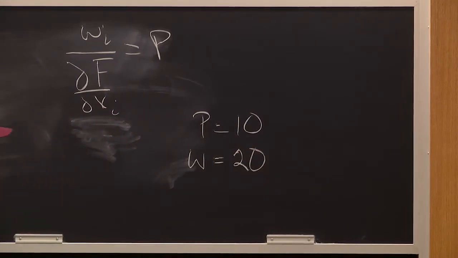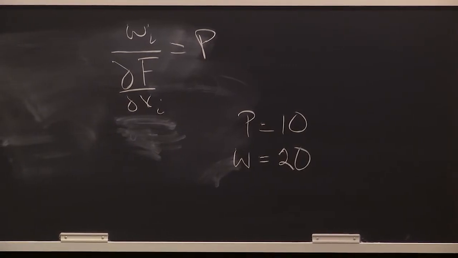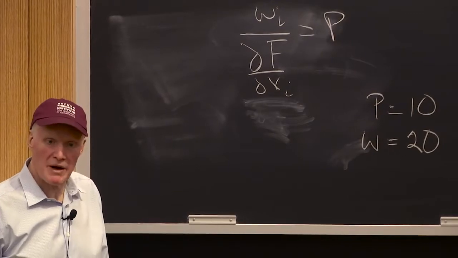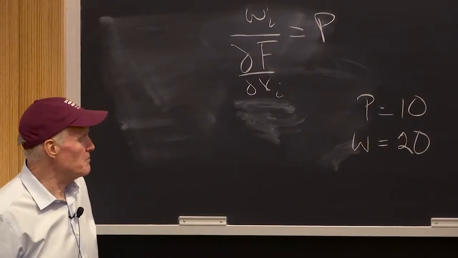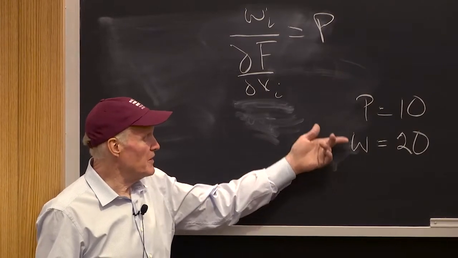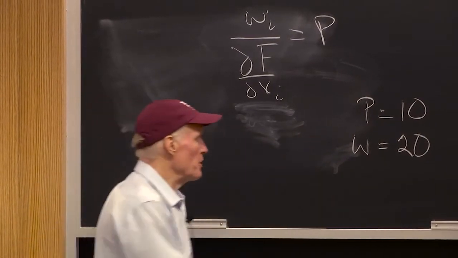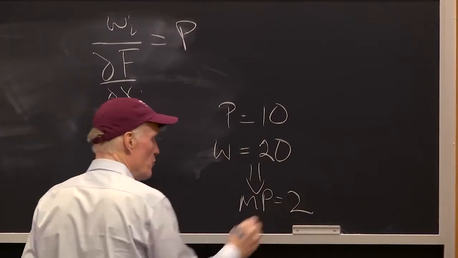Then what does the marginal product have to be in equilibrium? In order to make it worth hiring somebody exactly on the margin, you've got to have marginal product equal to 2.